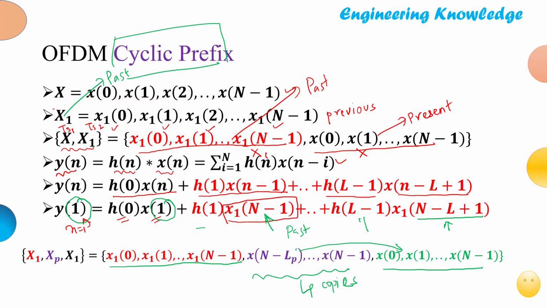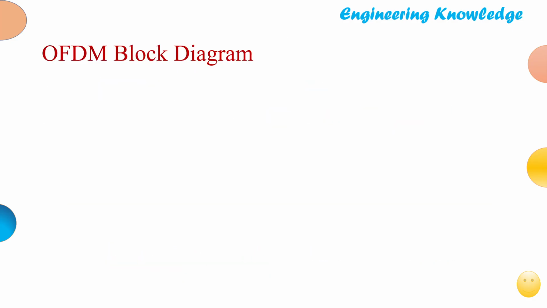Therefore, when I now write the previous equation, the past inputs will come from these Lp copies, and these Lp copies are called the cyclic prefix of OFDM systems. This avoids inter-symbol interference, because these past symbols no longer determine the output. The output will depend on the present symbols and the cyclic prefix, but the cyclic prefix is actually derived from the present symbols. This is the concept.